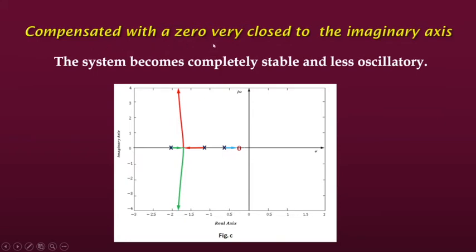Compensated with a zero very close to the imaginary axis. If a zero is added very close to the origin, then the system becomes completely stable and less oscillatory. So, this root locus branch starts from this open loop pole and moves to this finite zero.